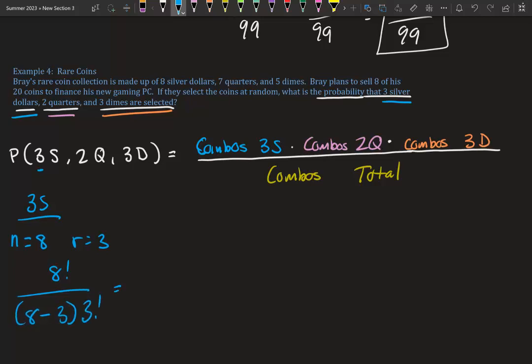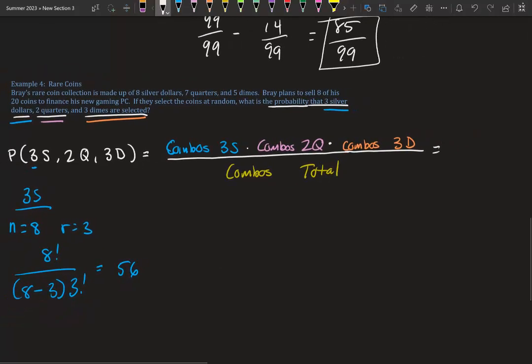And that comes out to 56. And if you're wondering, how do we know we're selling 8 out of 20? That's what it says right here. We're selling 8 out of 20. And there are 8 silver dollars to pick from. But we only want to pick 3 of them.